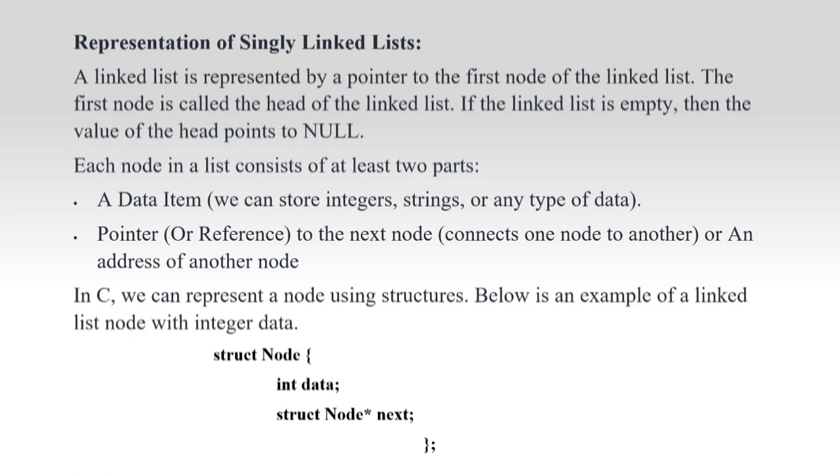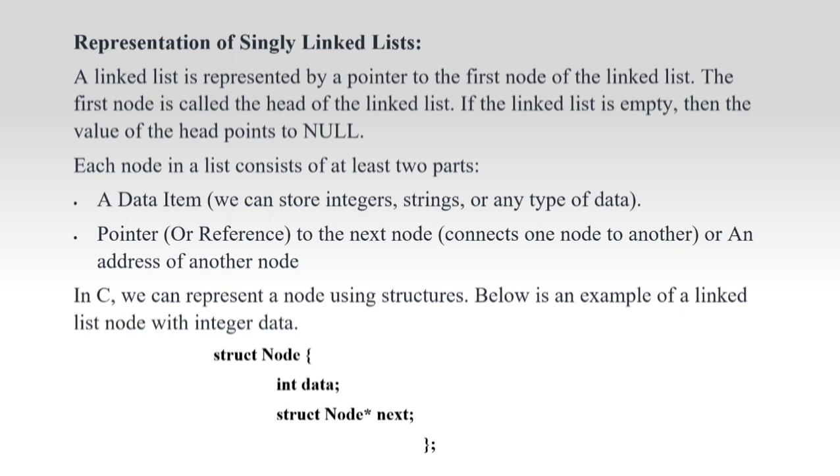In C programming, we use structures, pointers, and some concepts of dynamic memory allocation to work on linked lists. If you look at the bottom of the screen, you can see struct node open brace int data; struct node star next; closed brace, which means struct is a keyword used to construct a structure.